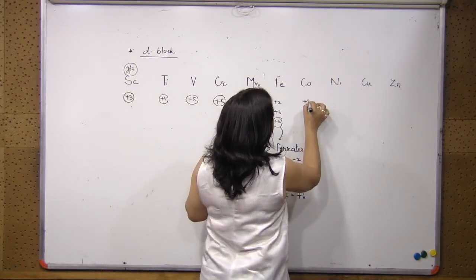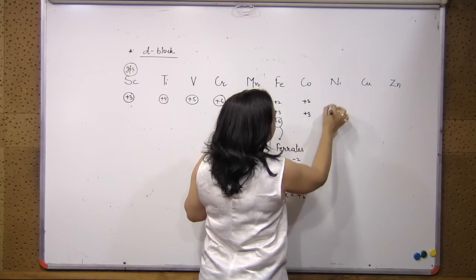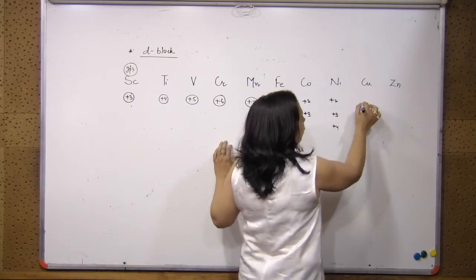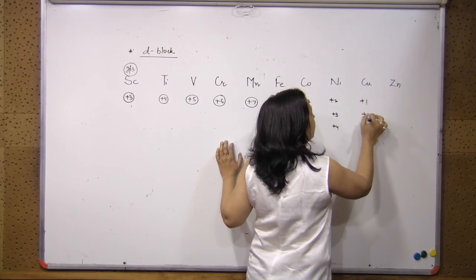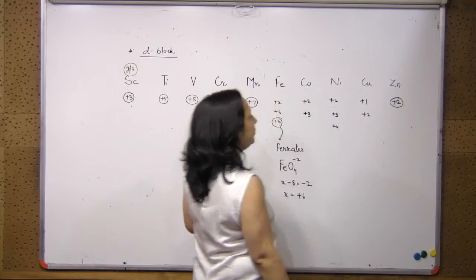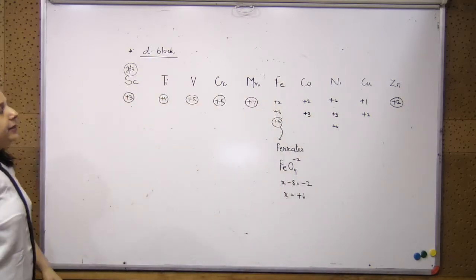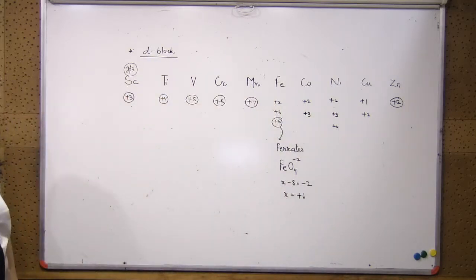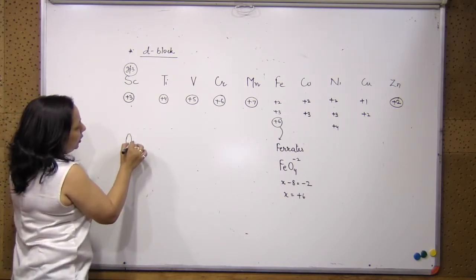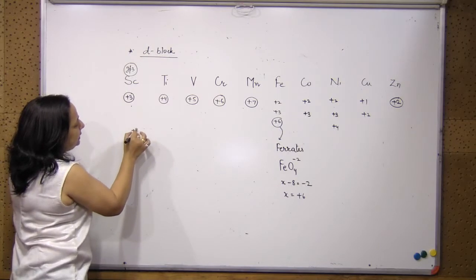Cobalt +2, +3. Nickel +2, +3, +4. Copper only +1, +2. And zinc only +2. It means in the D block, manganese shows the +7 oxidation state. Osmium shows +8.